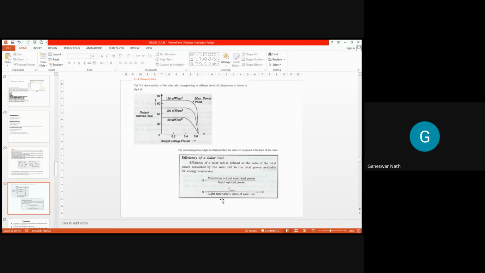Depending upon your requirement you may use a particular size of solar cell, and by calculating the efficiency you can determine how much size and shape of the solar cell you have to use. So this is the efficiency of the solar cell that you can calculate here.